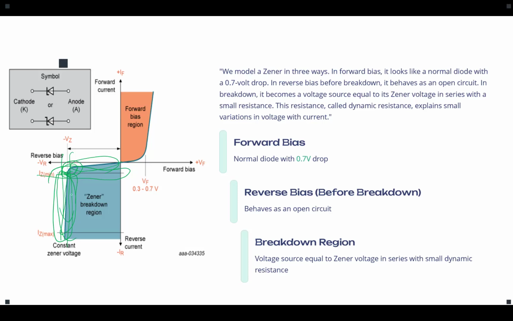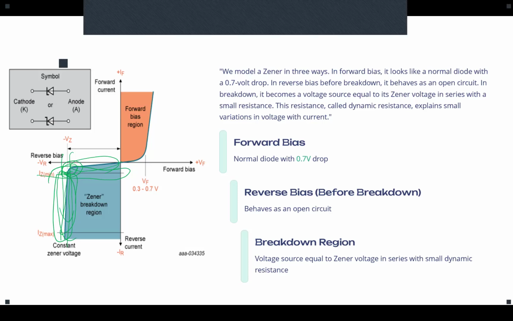If we have a constant voltage and a tolerance over power, it means we have a tolerance over current. P is VI, V is constant, so what's changing is the current. So we also have a maximum amount of current that we should not exceed, otherwise the diode is going to burn.